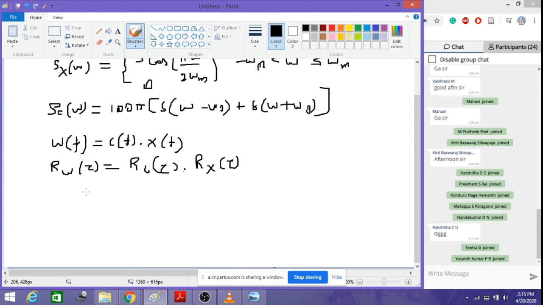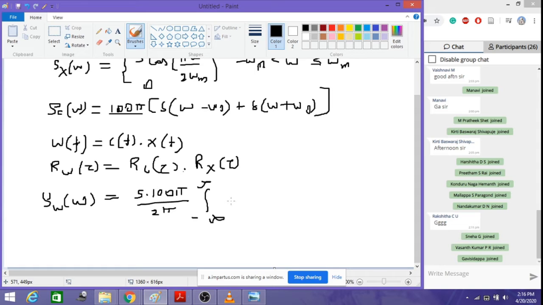So now we'll find the PSD. To find the PSD, S_W of omega is equal to 1 by 2 pi. Here we have the 100 pi from the carrier, and when we multiply, I'll take this term 5 into 100 pi, so that is 500 pi by 2 pi into integral from minus infinity to plus infinity.